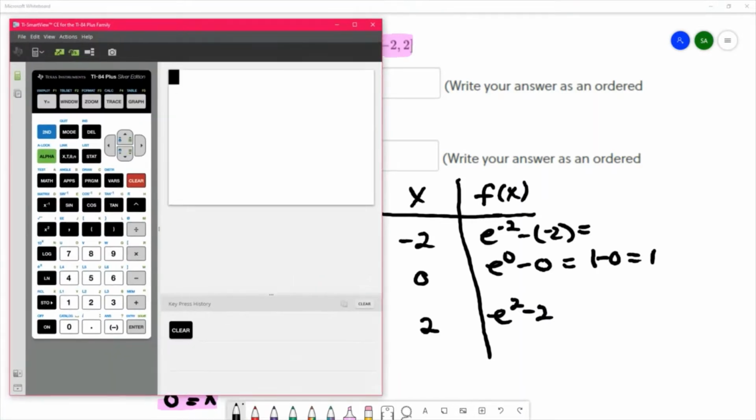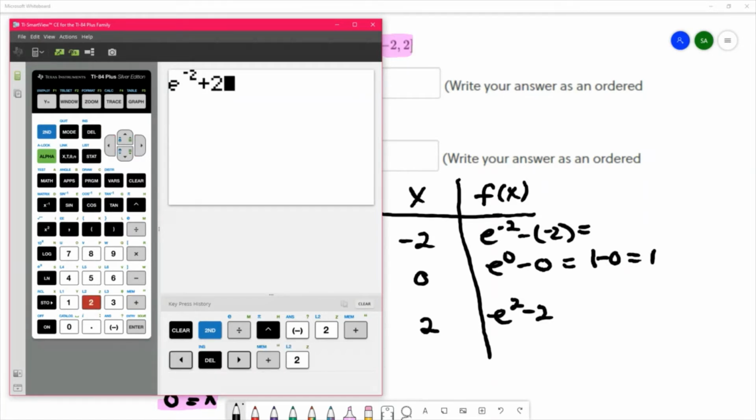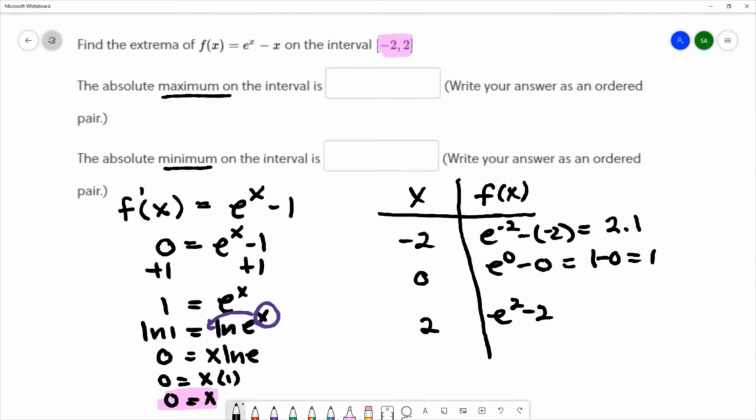So in my calculator, e to the negative 2 plus 2 would give me 2.1 approximately for this first one.